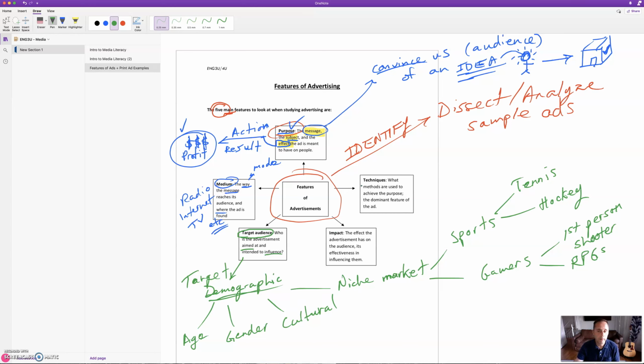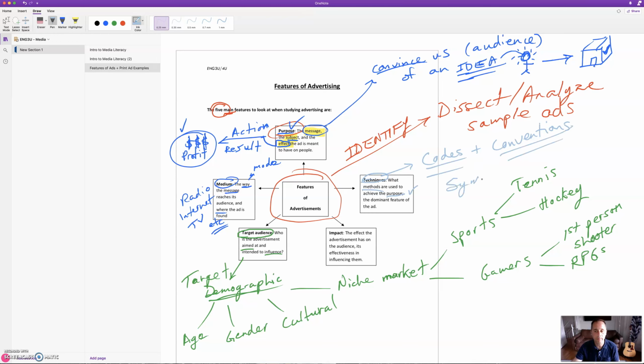Okay. Then you want to think about what techniques did they use? Okay. These are the codes and conventions of the specific methods, the specific ways that they use to achieve the purpose, right? They want to get to their purpose, and then they're going to use different techniques and methods, different codes and conventions.